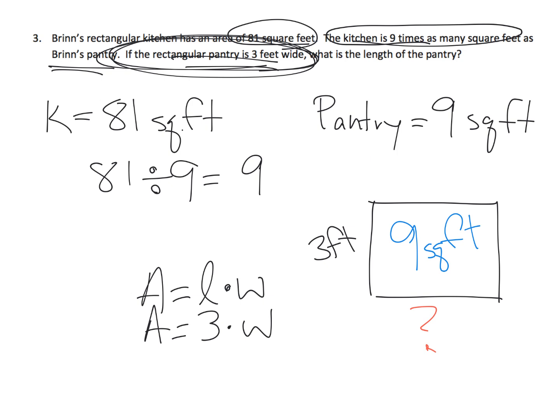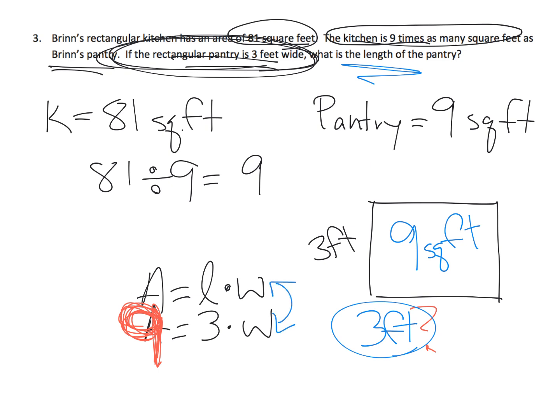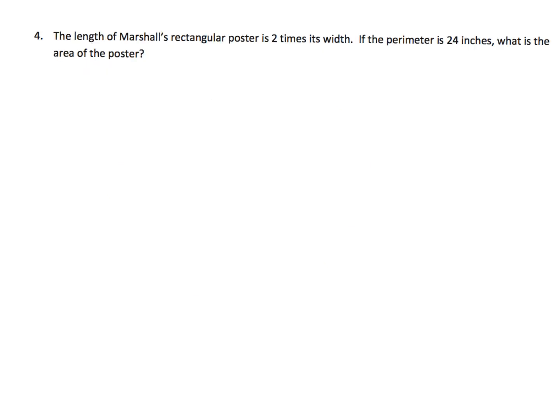And we know that that area has to equal 9. So what does that tell us? That tells us that that missing value is 3. So it's 3 feet. So what is the length? Now I kind of switched things around because I started calling it width instead of length. That's absolutely okay. So the length of the pantry is 3 feet.